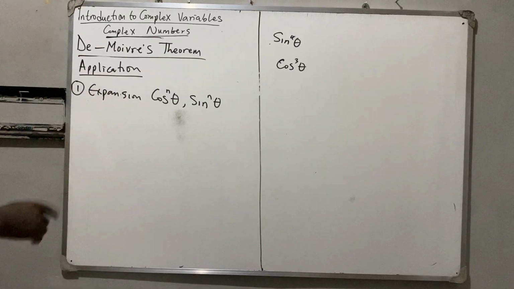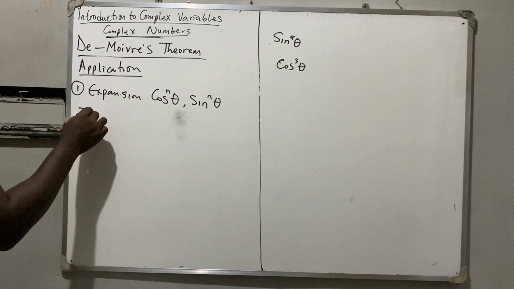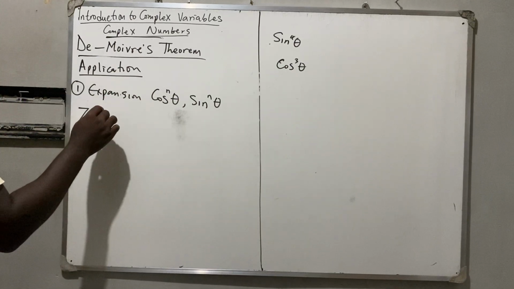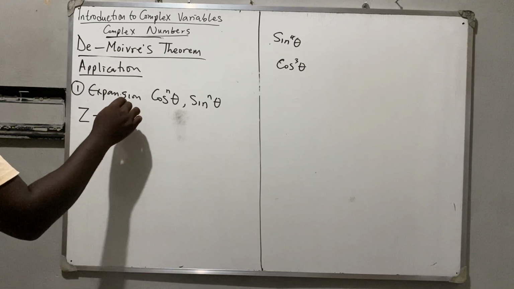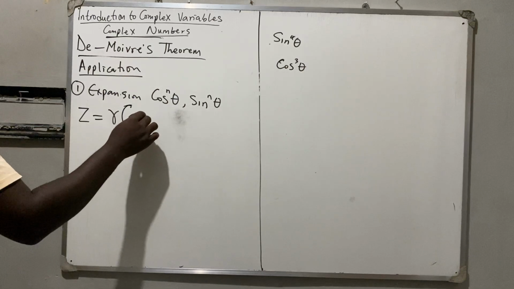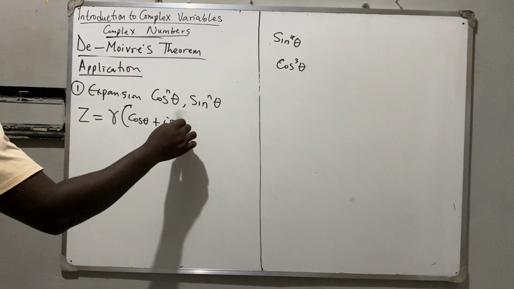Okay. So in the expansion of this, now we know that z is the same thing as the polar form. The polar form z is the same as r in bracket of cos theta plus I sine theta.